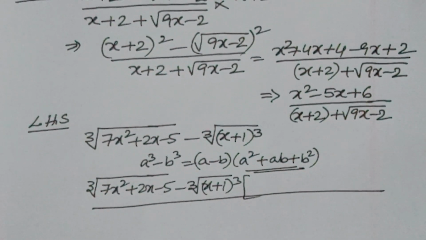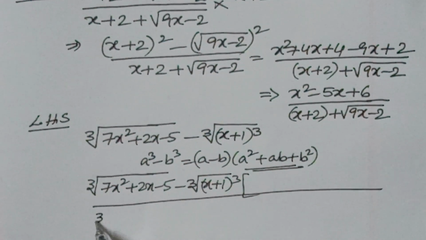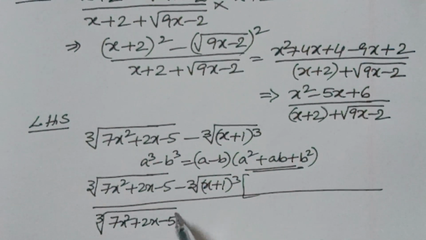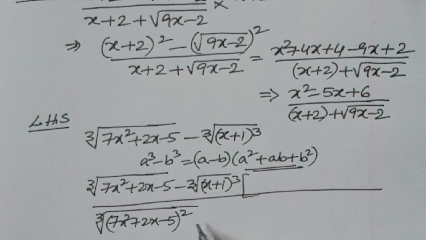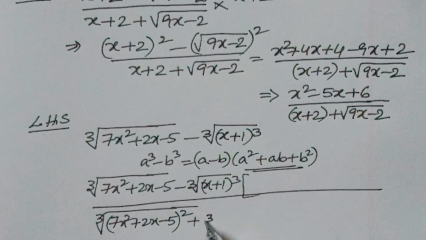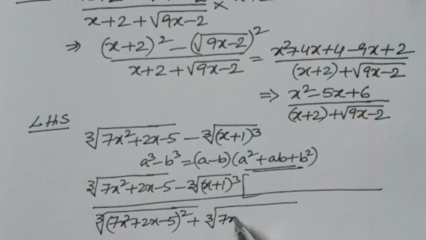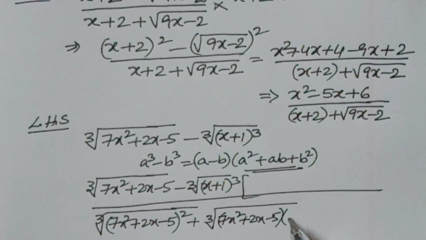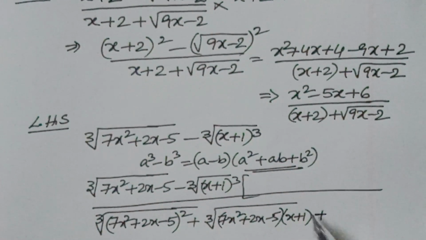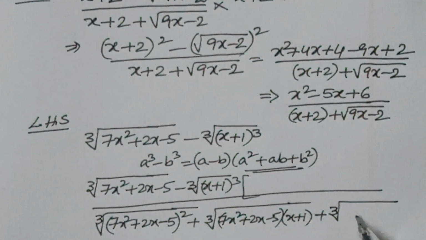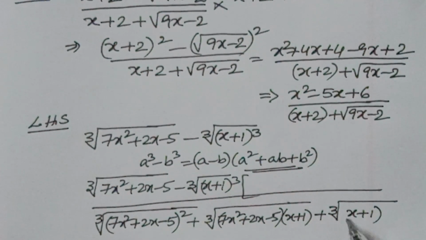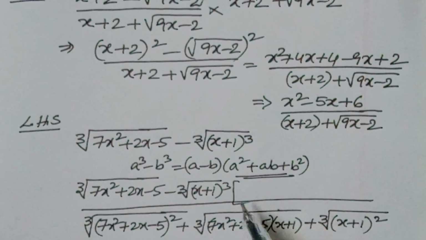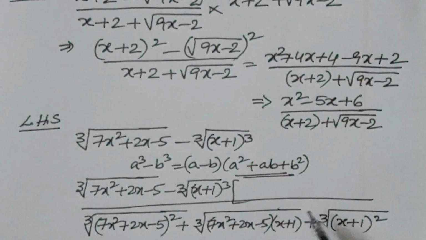First I am writing the denominator: cube root of 7x square plus 2x minus 5 whole square plus cube root of 7x square plus 2x minus 5 into x plus 1 plus cube root of x plus 1 whole square. This is the denominator. The same value you will get in numerator also.